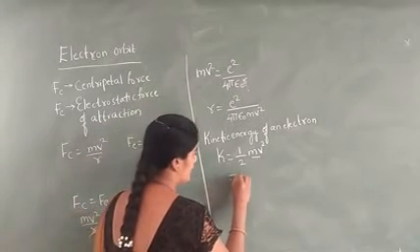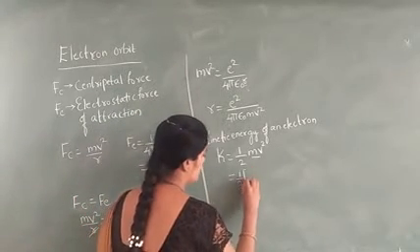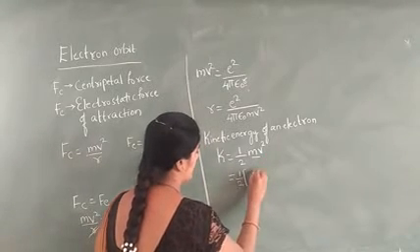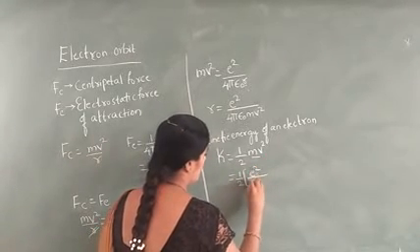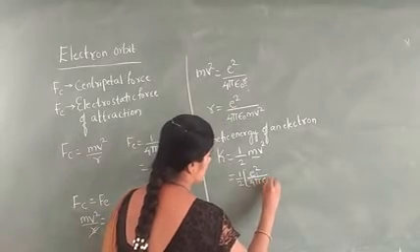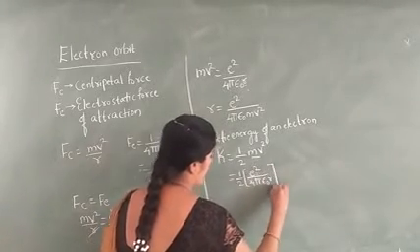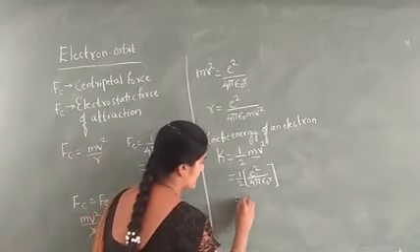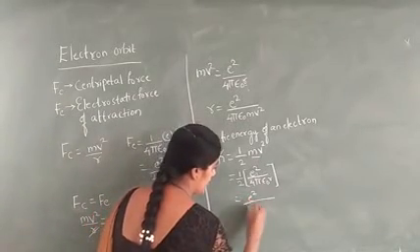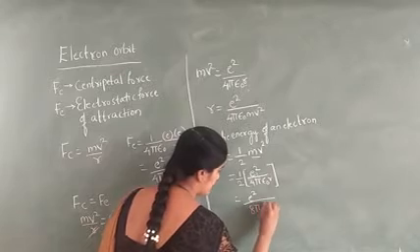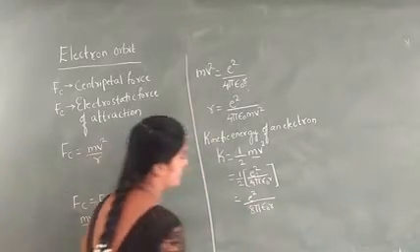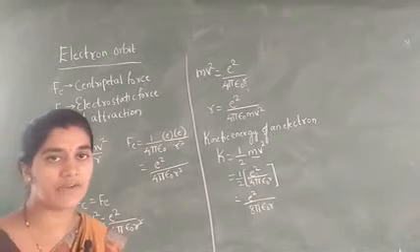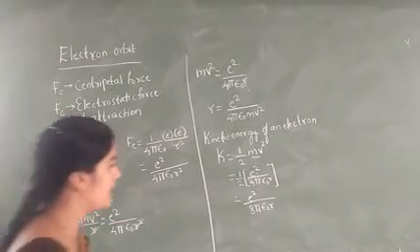Just putting the value, 1 by 2 into e square divided by 4 pi epsilon naught into r, or this can also be written in the form of e square divided by 8 pi epsilon naught r. Now the kinetic energy, we are getting the answer as e square divided by 8 pi epsilon naught r.